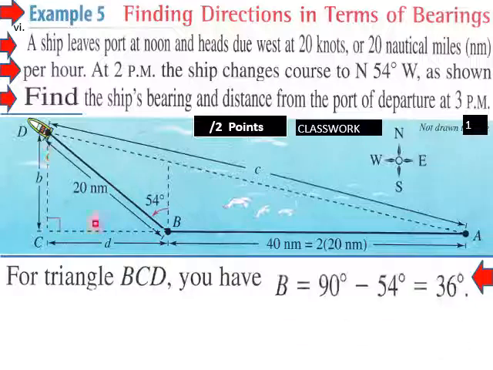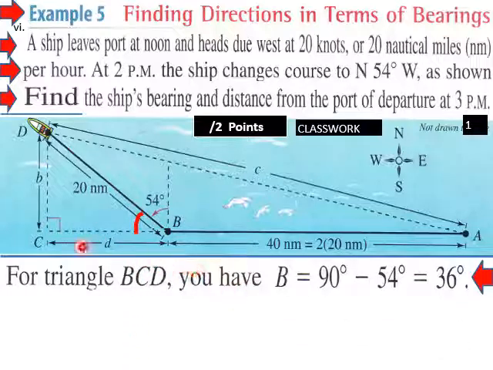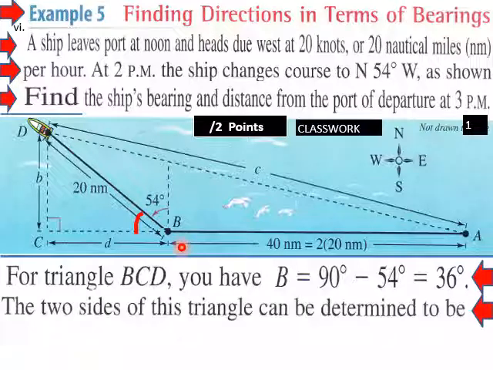For BCD, you have a right angle here, because 36 and 54 would be 90.